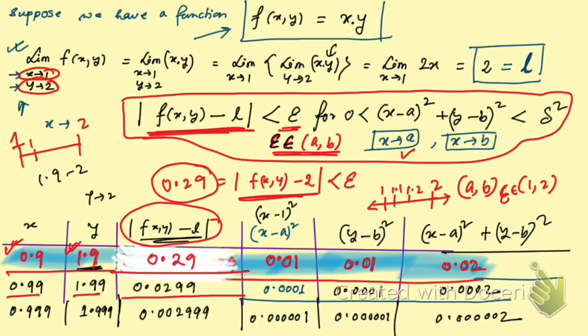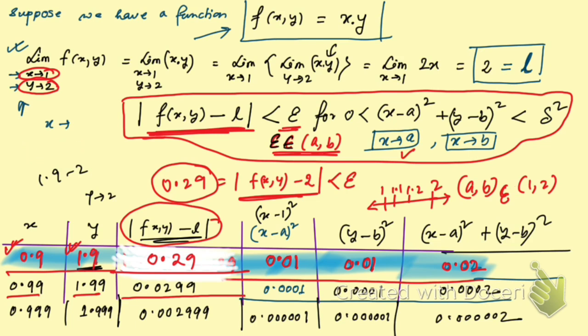It may be 1.1, it may be 1.01 as well, 1.2, 1.3. As we are getting here, 0.29 is less than 1.1, 1.2, right? So this condition is satisfied, right?